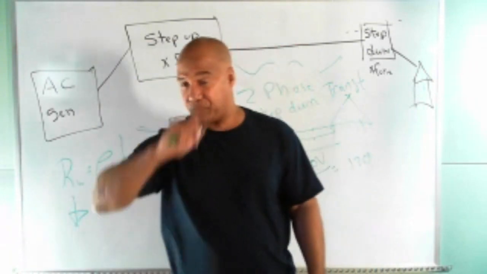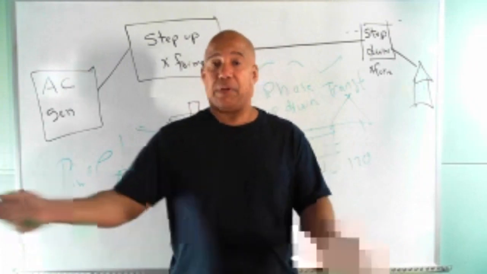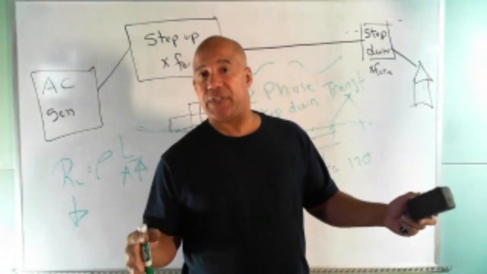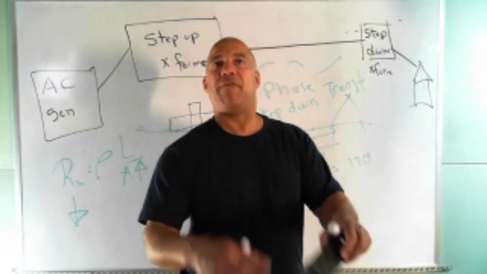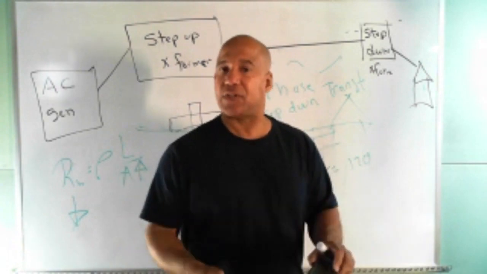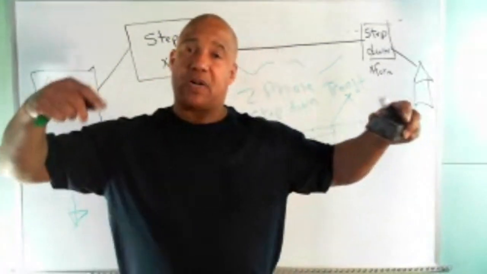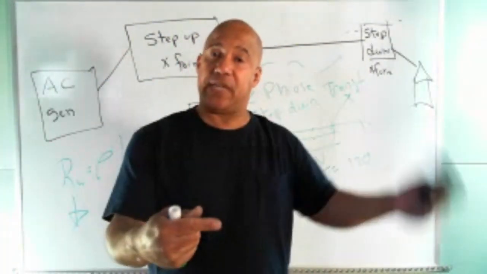It's plugged into the wall, and you might think it's AC, but I can unplug it and walk away with it because there's a battery in it. So most devices are DC. Now there are some AC devices, like a vacuum cleaner motor is probably straight AC, but most devices are DC. Even if they plug into the wall, the circuit inside called a rectifier takes that 120 volts of AC and converts it to DC.